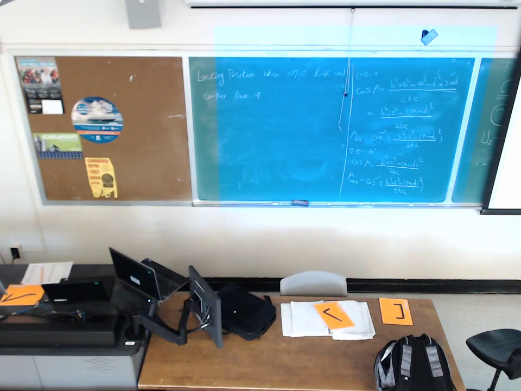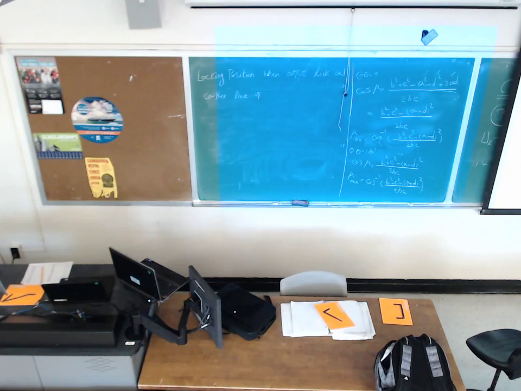You can write the cosine rule this time for theta. So it's going to be (b plus c) squared equals a squared plus d squared minus 2ab cosine of theta, and solve for cosine of theta. Cosine of theta would be a squared plus d squared minus (b plus c) squared divided by 2ad.